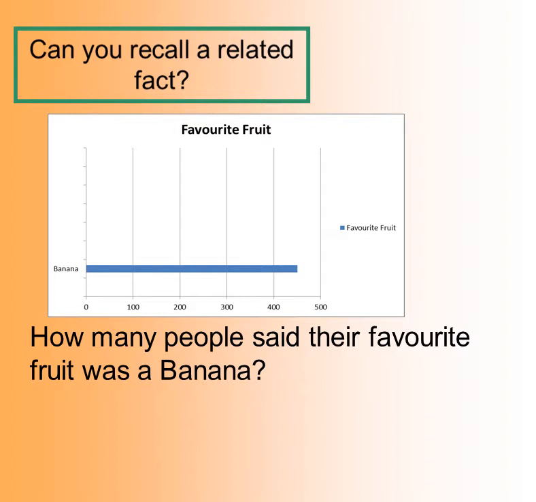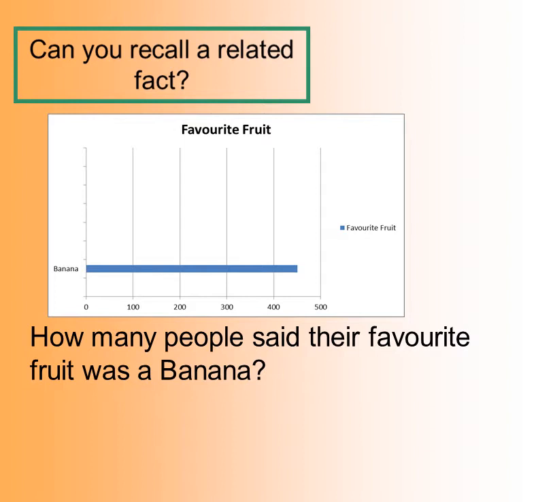So let's look at that scale at the bottom and let's see what it is counting in. So we've got 0, 100, 200, 300, 400, 500. Right, we are counting in hundreds. But if we have a look at that blue bar for the banana choice, it finishes between 400 and 500. I'd say it finishes exactly halfway between 400 and 500.